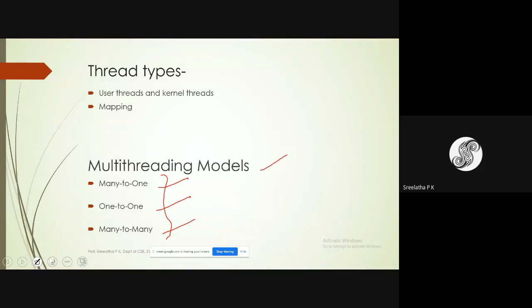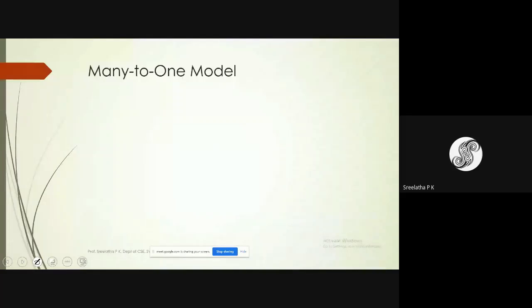Okay, an important question again here: multi-threading models. There are 3 types of multi-threading models: many to one, one to one, and many to many. We'll see what the many to one model is. Fine.